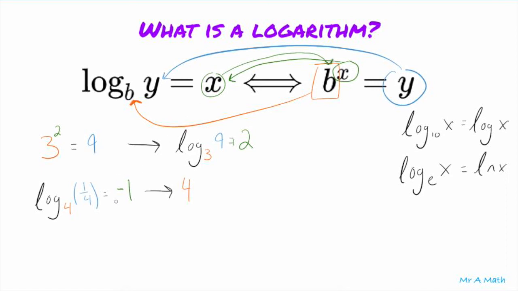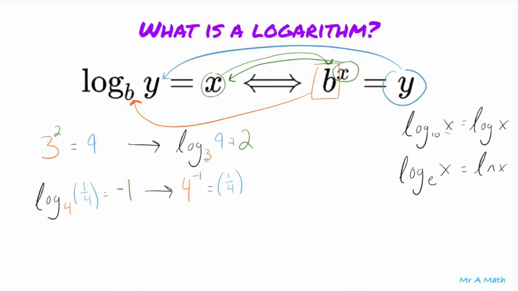So if my logarithm is equal to -1, that means it is going to be 4 to the -1 power. And then that is equal to whatever the input of my log function is, which in this case is 1/4. And we can ask ourselves, does 4 to the -1 power equal 1 over 4? Yeah, it does. We could check that. So that's a couple examples.